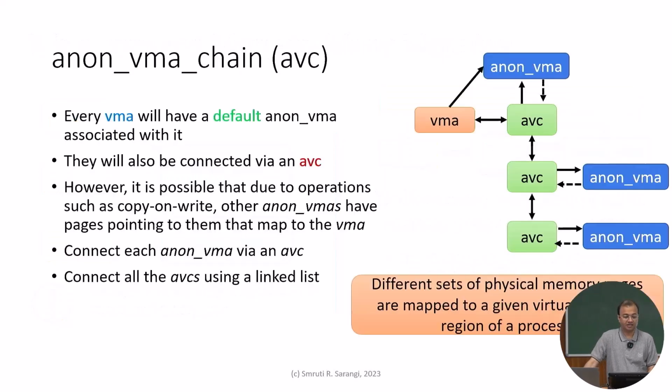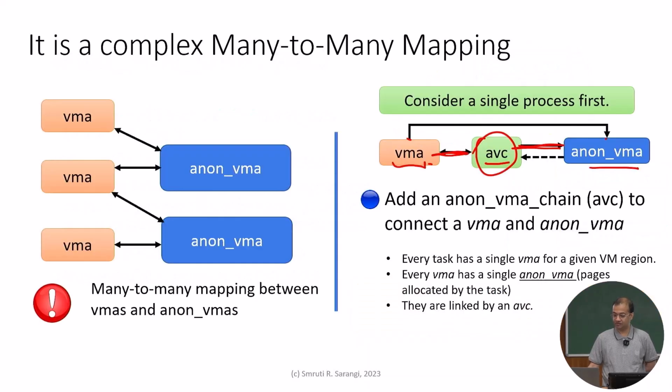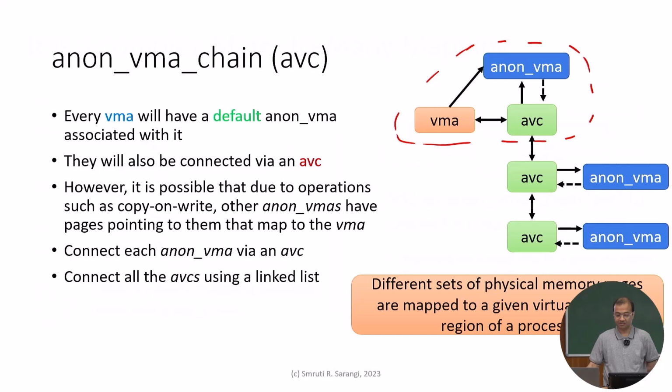Alright. So now let us try to understand why it's called a chain. This part of the diagram we have seen earlier: VMA to AVC to Anon VMA. So this is the VMA of a child.